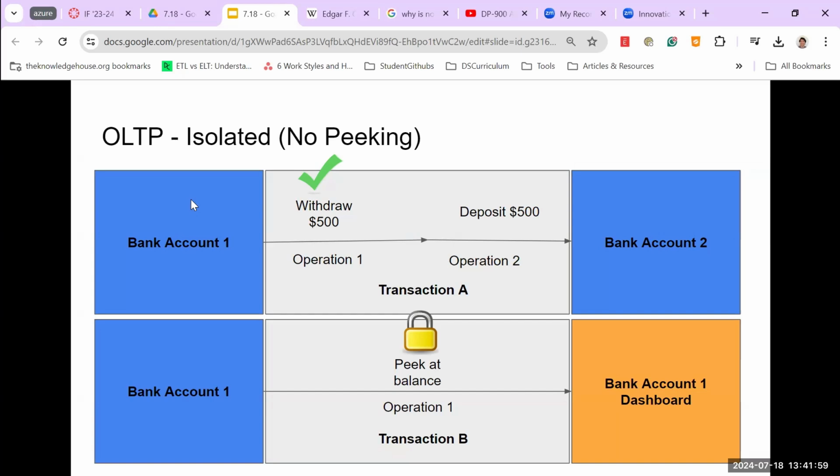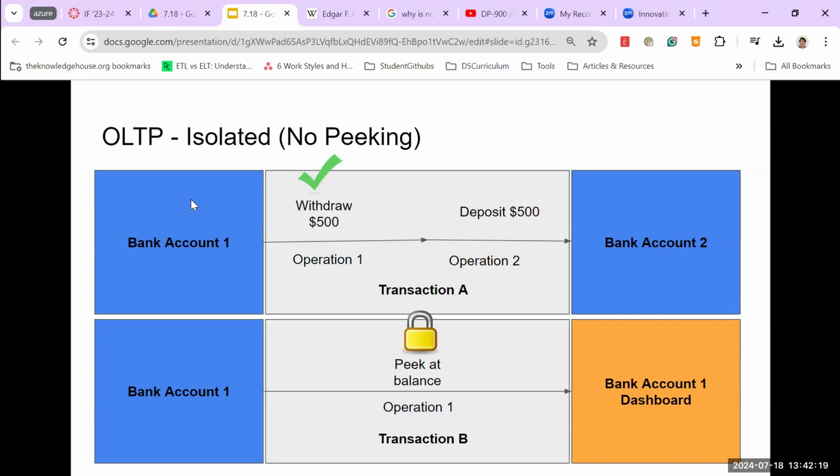Essentially, we're telling transaction B, hey, can you please wait a little bit? We are waiting for one transaction to complete before you perform your operation. And if you think about it, this is very important, right? Because we don't want transactions happening at the very same instance on the same piece of data.